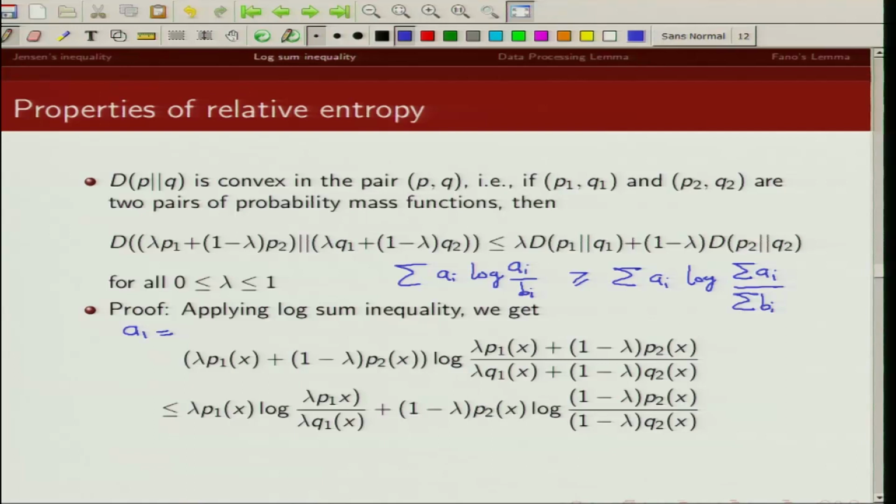Now let us take A1 to be lambda times P1 x and A2 to be 1 minus lambda times P2 x.